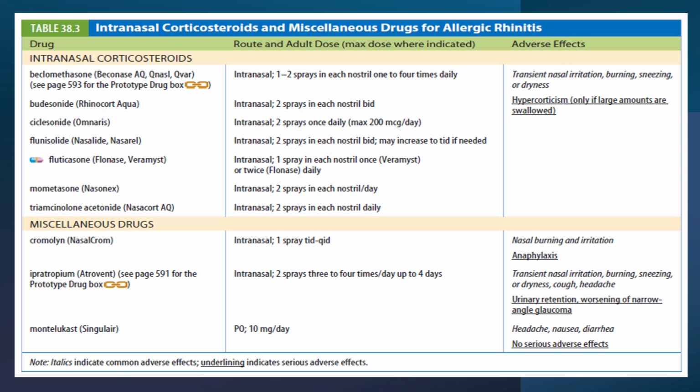Most effective when given prior to allergen exposure, cromolyn has few adverse effects. Other alternatives to the intranasal corticosteroids in treating allergies would include your montelukast (Singulair) and your ipratropium (Atrovent). Those are the very common types of your miscellaneous drug.